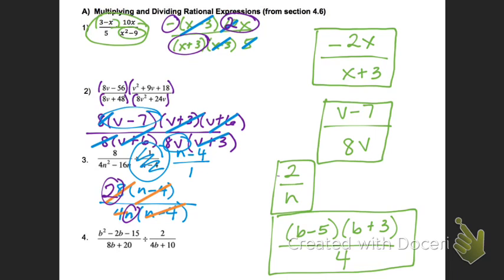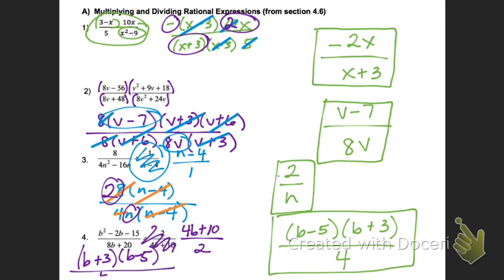So this number 4, I would flip it to be 4b plus 10 on top and 2 on the bottom. How would I factor the top left? b plus 3, b minus 5, over, I can pull out a 4, and I'm left with 2b plus 5.